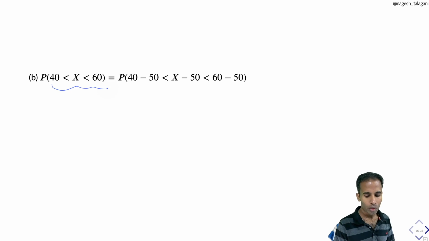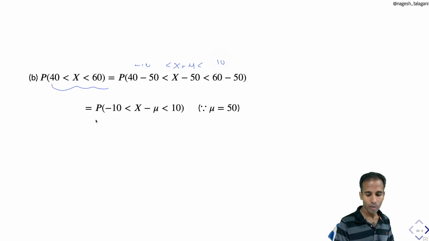I'm going to subtract the mean mu equal to 50 from each side, so we have 40 minus 50, which is minus 10, less than x minus mu less than 60 minus 50, which is 10.